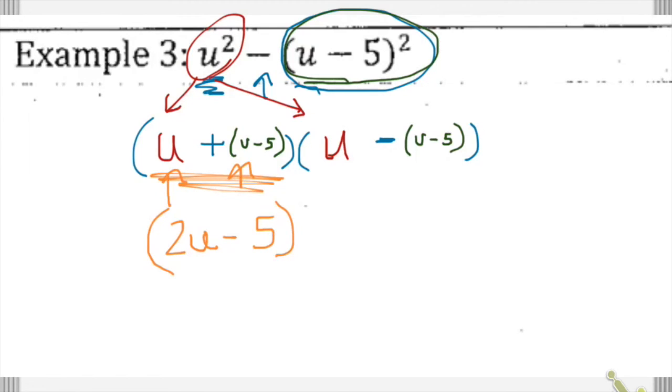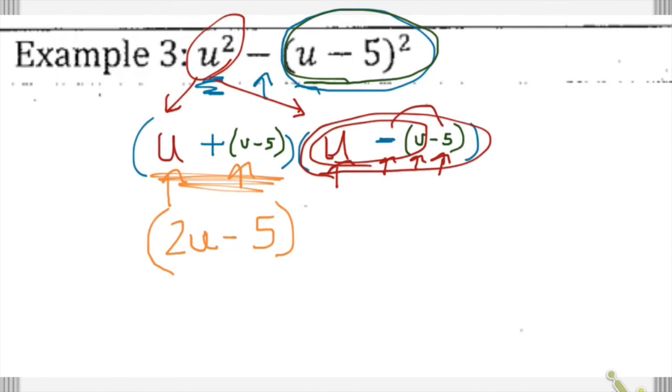And then if we look at that second grouping here, we have u minus u, those are going to cancel. We have minus 5, which actually gives us a plus 5. And then if we simplify that further, we have our simplified factors.